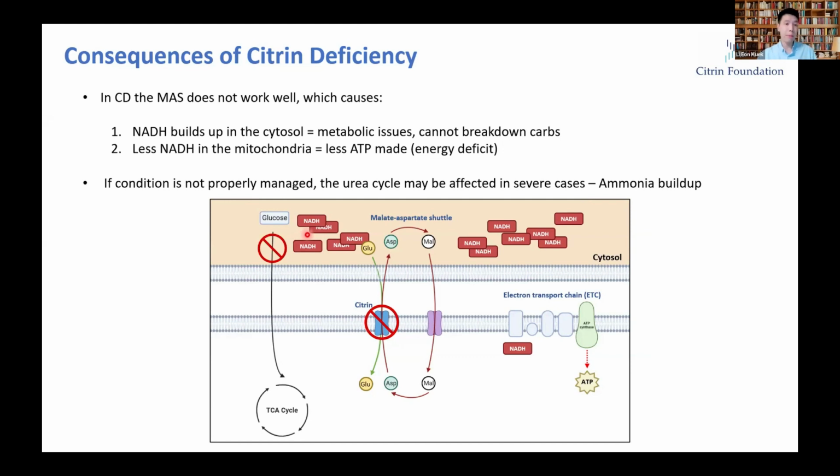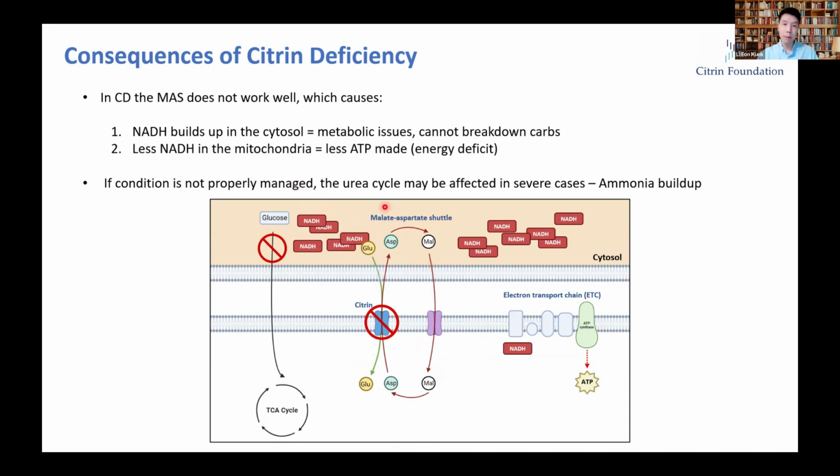Now, you may wonder, what about proteins? What about fats? Thankfully, as I said, fats is a good alternate source of energy, and fats, as well as protein to a smaller degree, can still provide energy by producing NADH inside the mitochondria. They don't produce NADH to clog up the system in the cytosol.